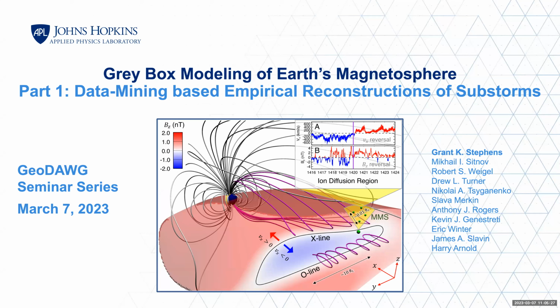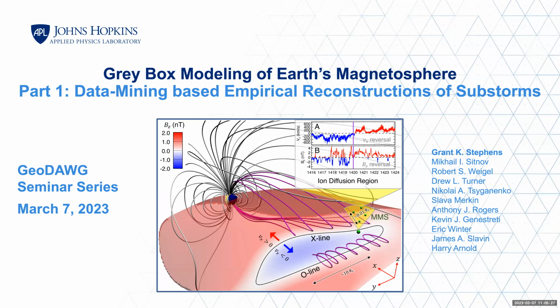So, a brief outline of my talk. I'm going to give an introduction, overview, and methodology. Normally, I try to fly through this stuff, but given the audience of this GeoDAWG workshop, it might be interesting if I delve into some of these methodological slides.